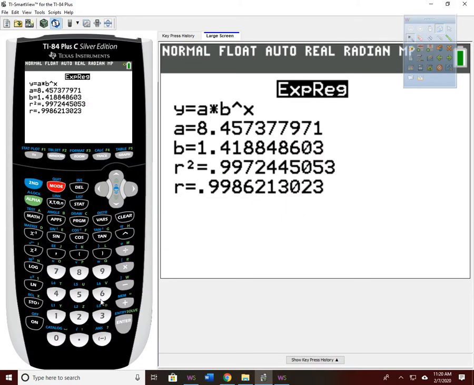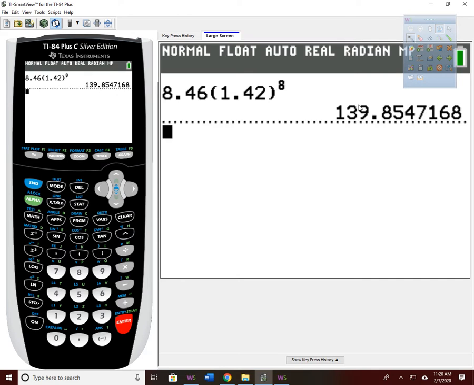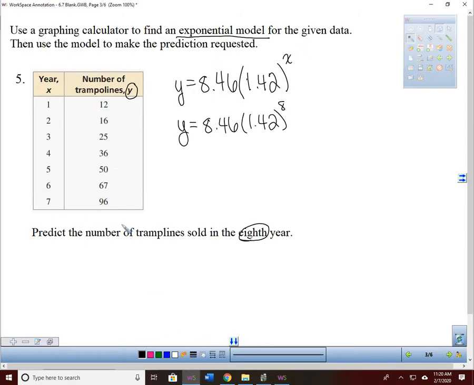I'm just going to plug this in. 8.46 times 1.42 to the 8th power. And I get 139.9, okay, which would be about, not quite 140, so we'll go with 139 trampolines.